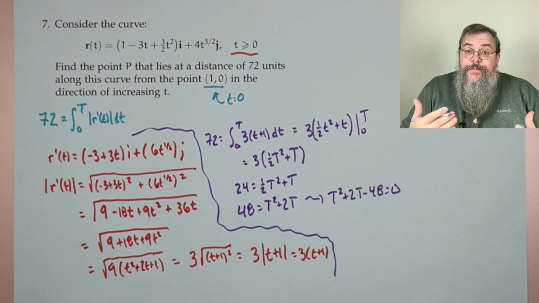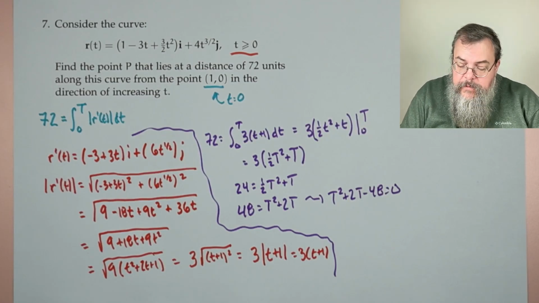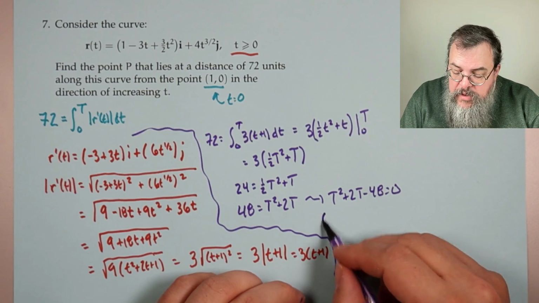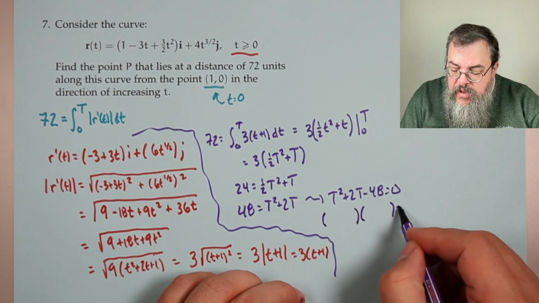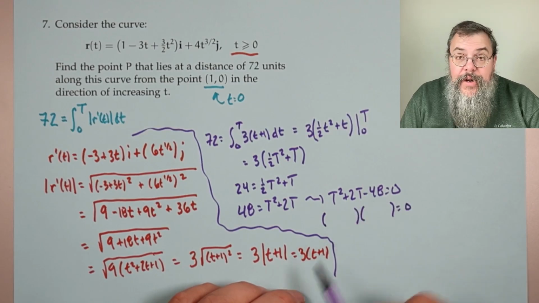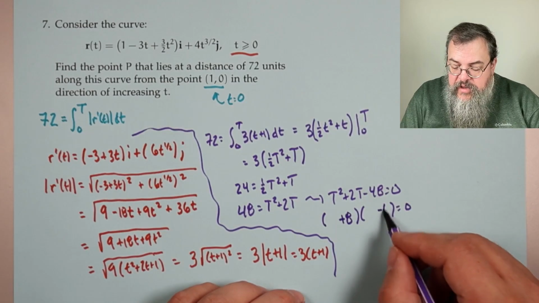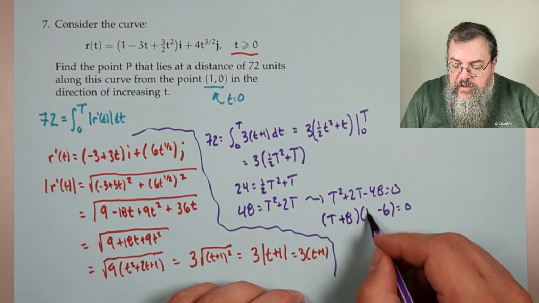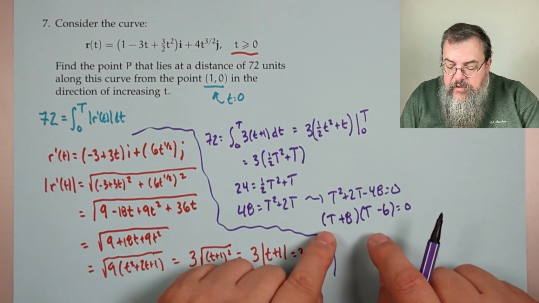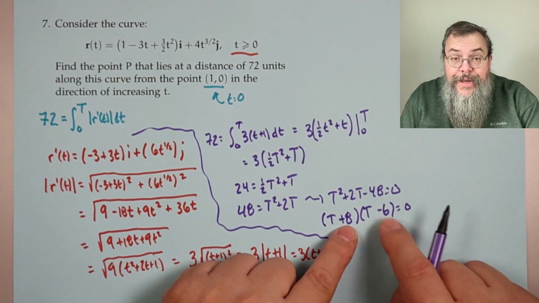And we can solve for T. We need two things that multiply to negative 48 and add to positive 2. Plus 8 and minus 6 have that. So let's check. T squared minus 6T plus 8T is 2T, and minus 48.